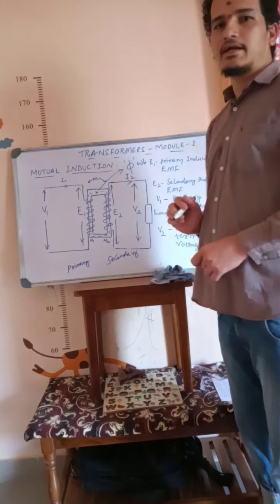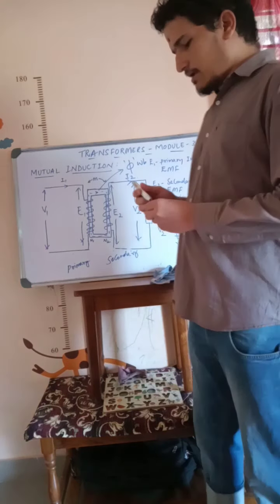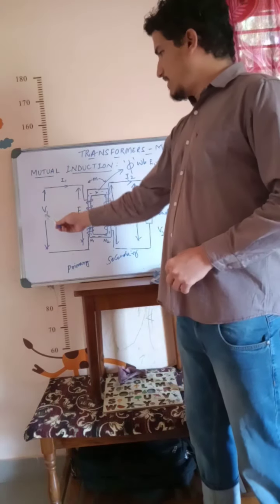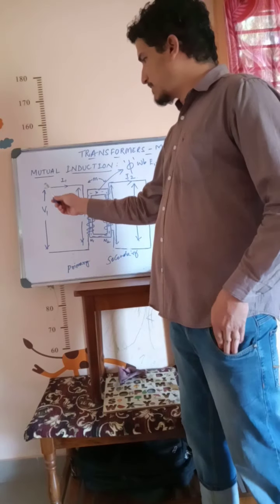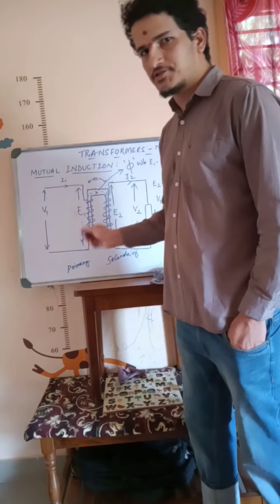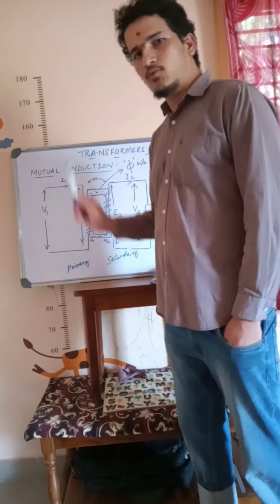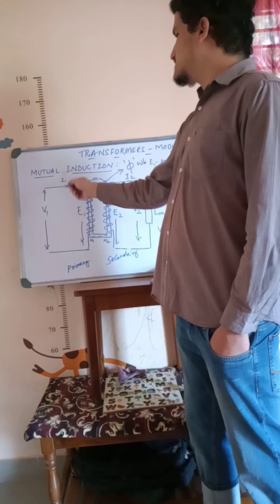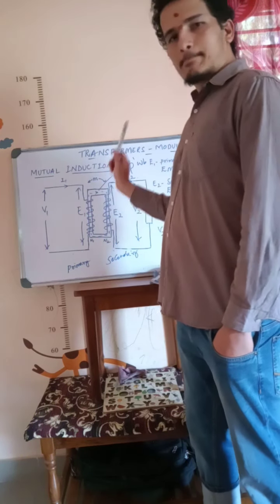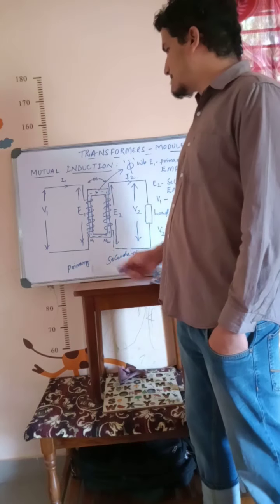Primary and secondary winding. So this capital letter V1 is the primary applied voltage. This I1 is the primary current, the current flowing in the primary coil.